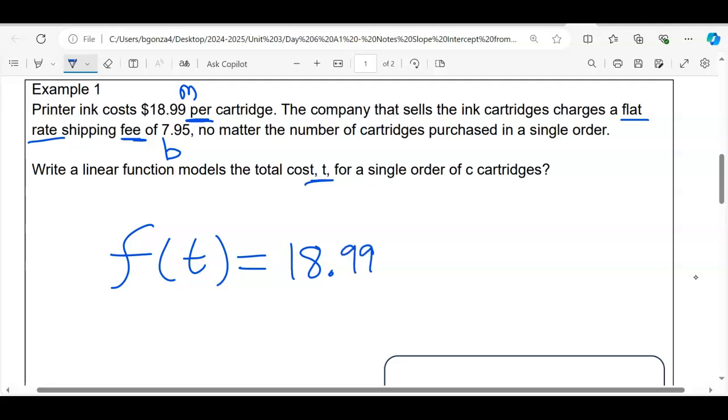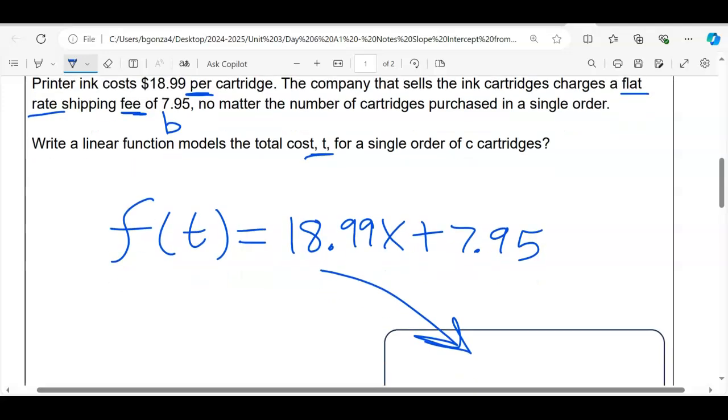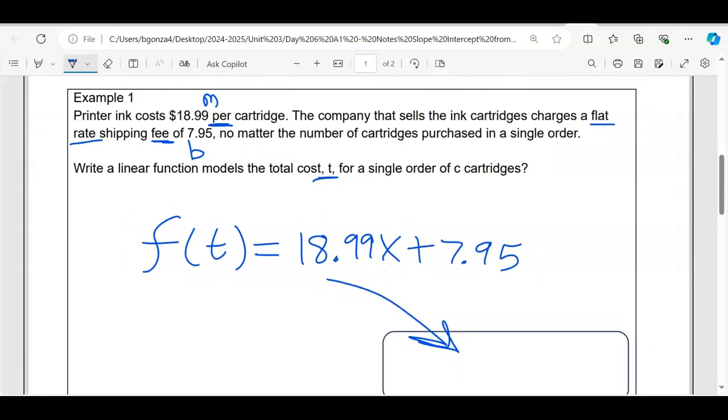That's my m. Put x plus b. And we said the b fee, the initial flat rate, is $7.95. That's it. You can write it down there if you want to. There's really not much else to write here. You could have written m equals $18.99 and b equals $7.95. You don't have to, but as long as you know which one's changing, which one is not changing, you can just write the equation. Cool.